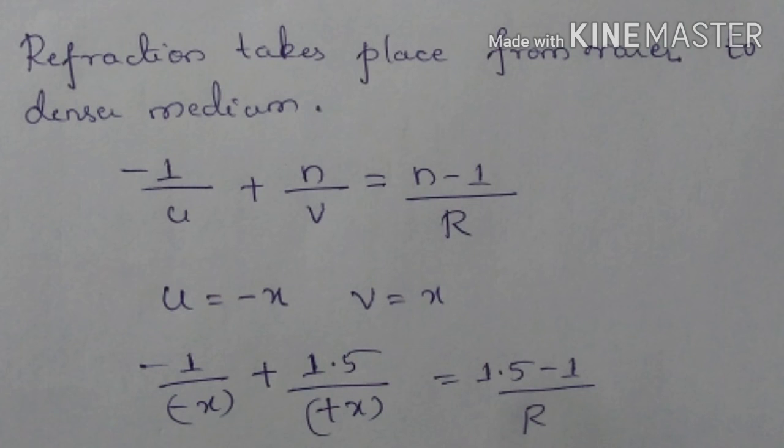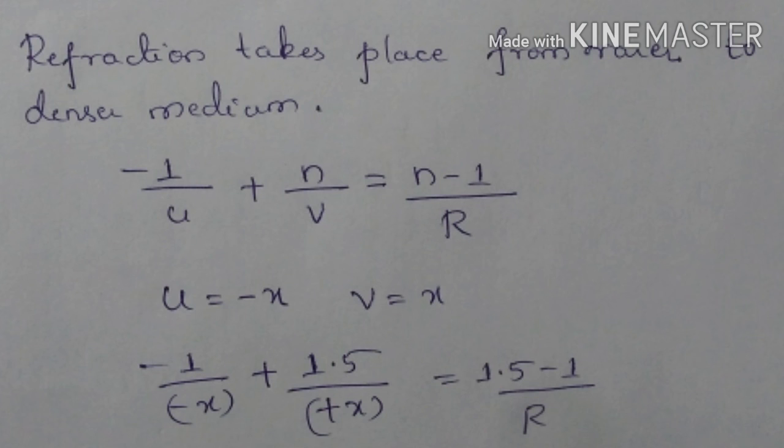The refraction takes place from rarer medium to denser medium, that is, the incident light ray is travelling from rarer medium to denser medium. So, we can write the equation: minus 1 by U plus n by V is equal to n minus 1 by R. From the question, U and V are equal in magnitude, that is, PO is equal to OQ.